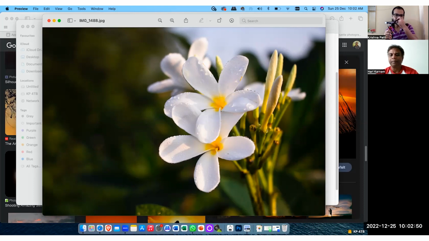So I kept the aperture at 5.6. I was using aperture priority mode. In aperture priority mode, the aperture is decided by you, and the shutter is decided by the camera. So I kept the aperture at 5.6.